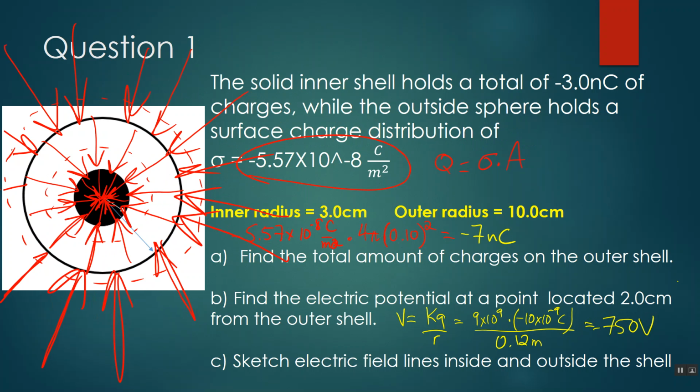I'm only asking for the direction. But if I were to ask you, is it stronger closer to the surface or away from it? Whether it's negative or positive, it doesn't matter. If you were to compare here versus up here, which one's going to have a stronger electric field?